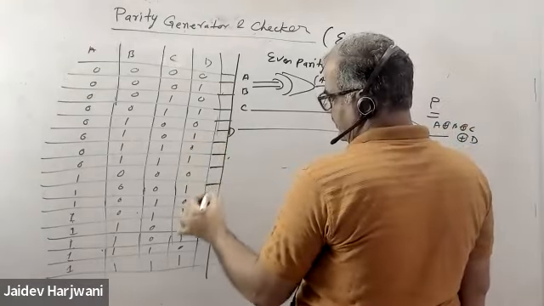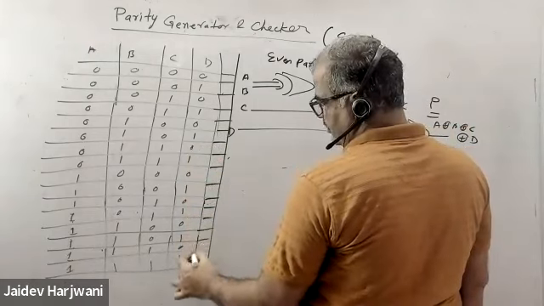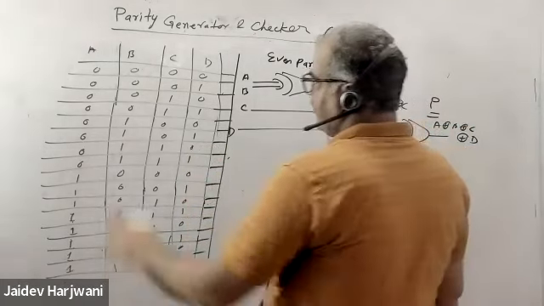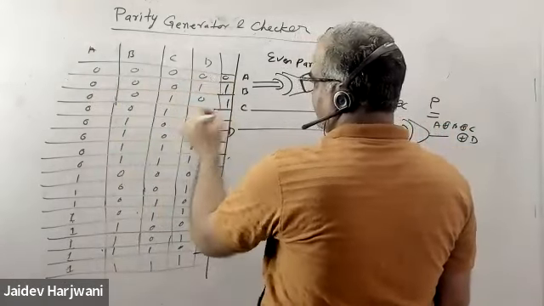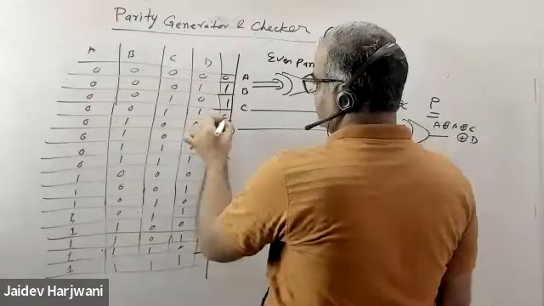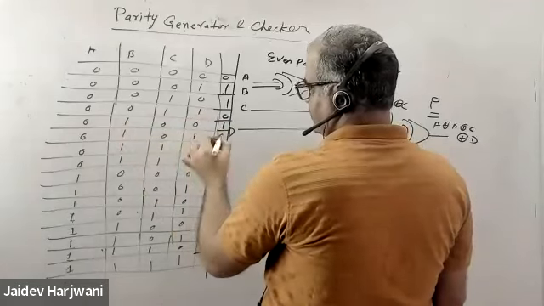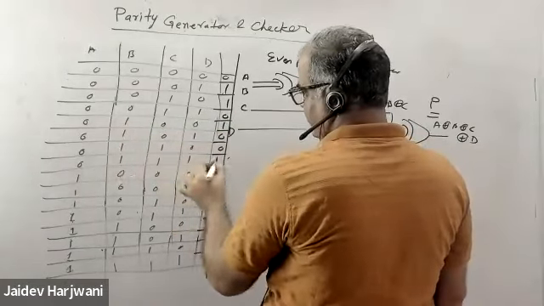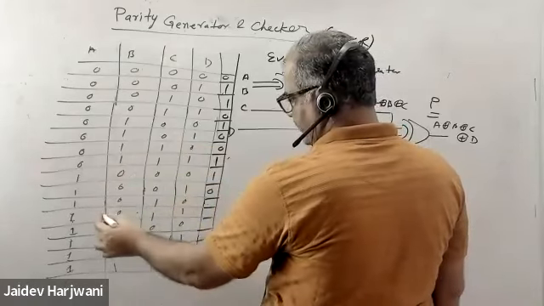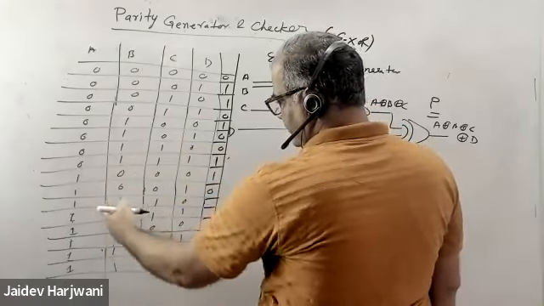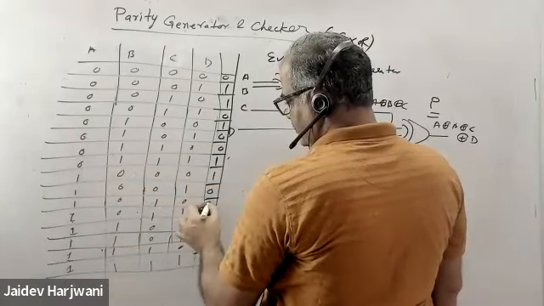So in an XOR gate, whenever you have an odd number of ones, you get one here. So here it's 0, you get 1 here. You get 1 here, you get 2 ones, you get 0 here, you get 1 here, 0 here, 0 here, 1 here, 1 here. Then you have 1 0 1 0 1, 0 here.